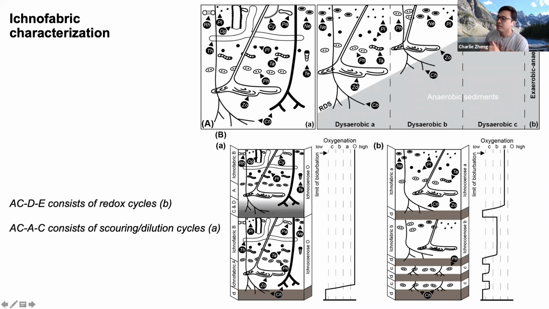Having this in mind, if we look at the raw record underneath the diagram down here, we can see the alternation of anaerobic to aerobic sediments in figure B, these bioturbated versus non-bioturbated intervals. These are redox cycles. And in A, I show these frozen tiers, events that stop the bioturbation, which can be an anoxic event, like an anaerobic sediment interval, or a dilution event. Dilution, those storm event beds, can also seize the bioturbation by removing all the fauna or organisms on the seafloor.